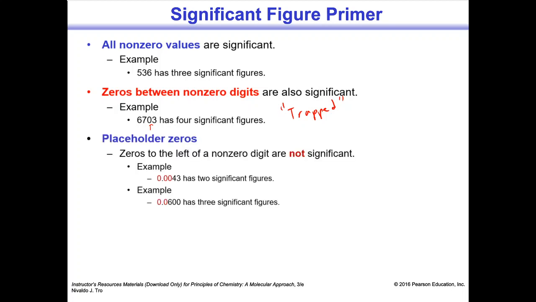Next one. Okay, so we have placeholder zeros. Placeholder zeros to the left of a non-zero digit are not significant. So we're talking about these zeros up front. These are usually referred to as leading zeros.